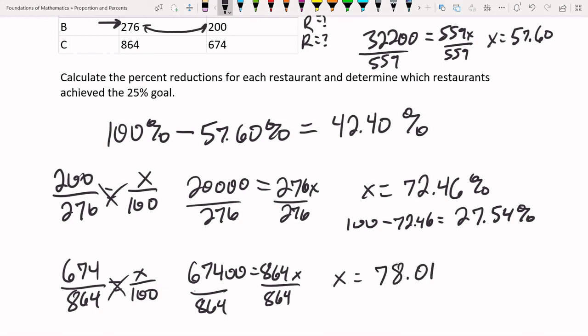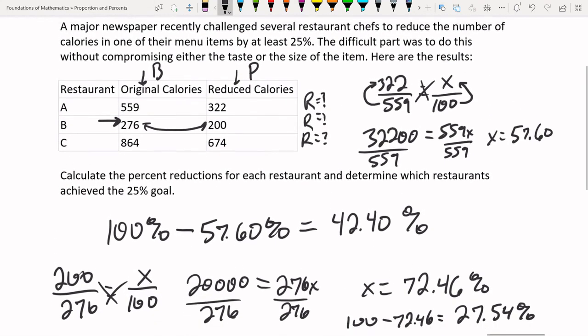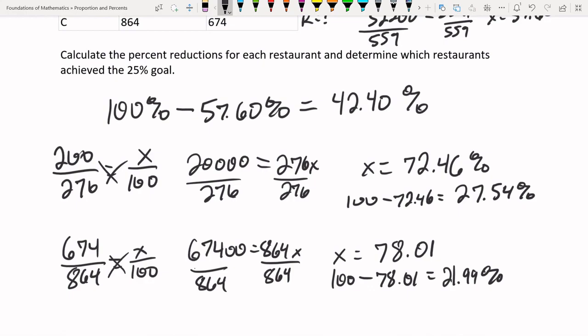I'm rounding to 2 decimal places. And that is a reduction of 21.99%, which almost made the 25% reduction. So restaurant C is the only one that didn't quite make the challenge, but it still did a pretty impressive reduction of 22% pretty much.